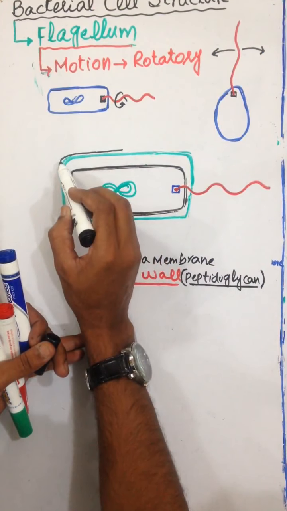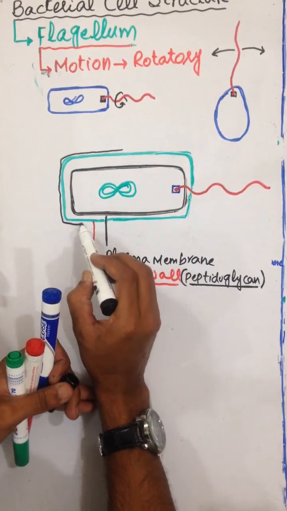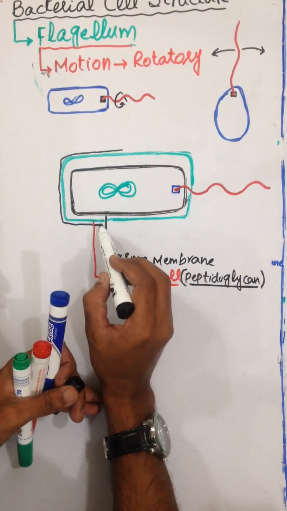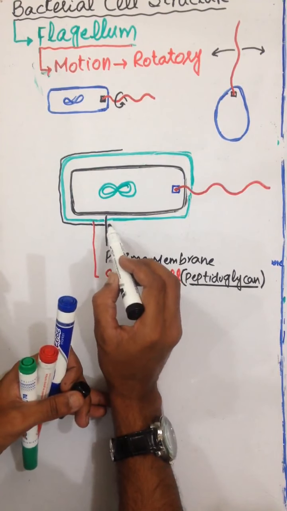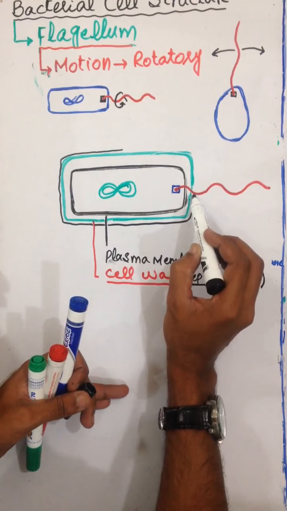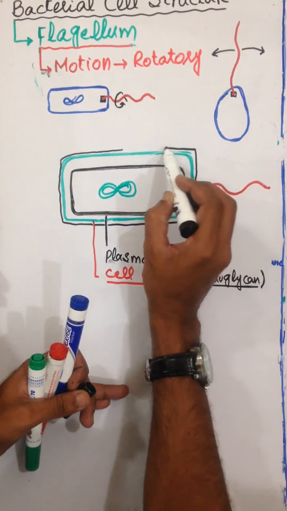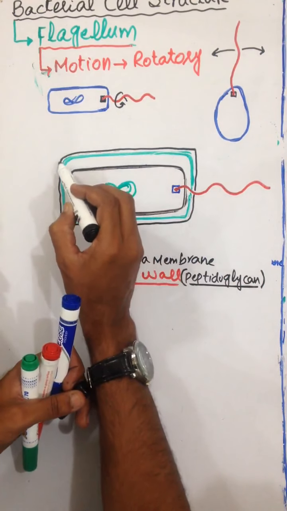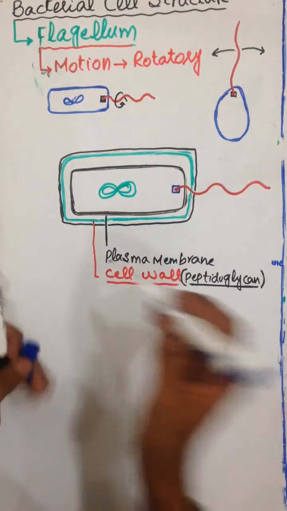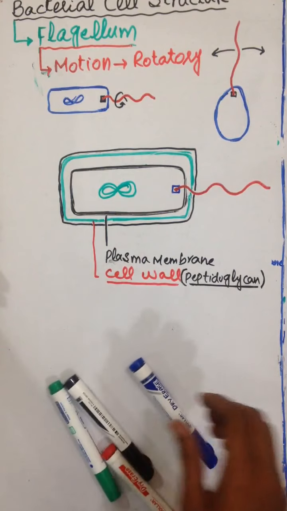There is a further covering present outside the cell wall. This is called the outer membrane.